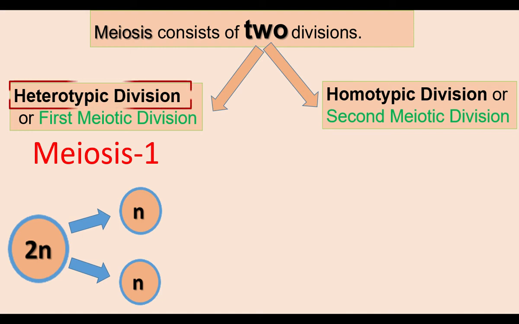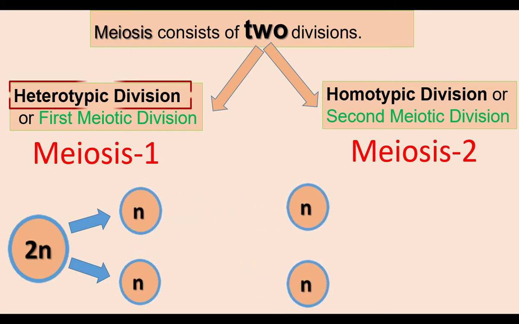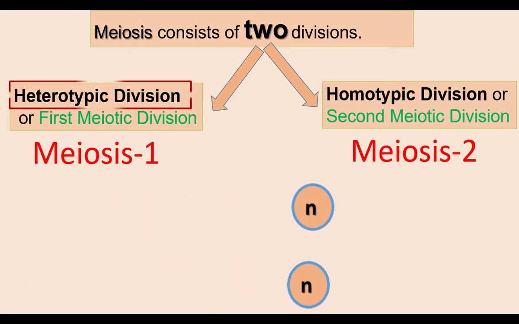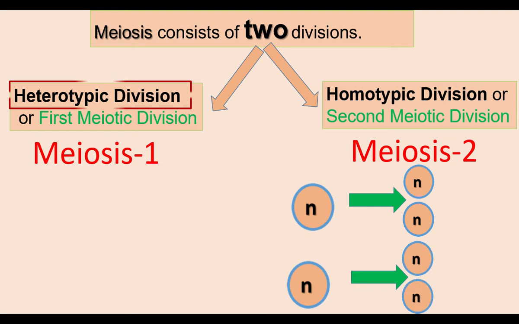The daughter cells of meiosis 1 enter into meiosis 2. Meiosis 2 is similar to mitosis. Each one further produces 2 cells, so at the end of meiosis 2, 4 haploid daughter cells are produced.